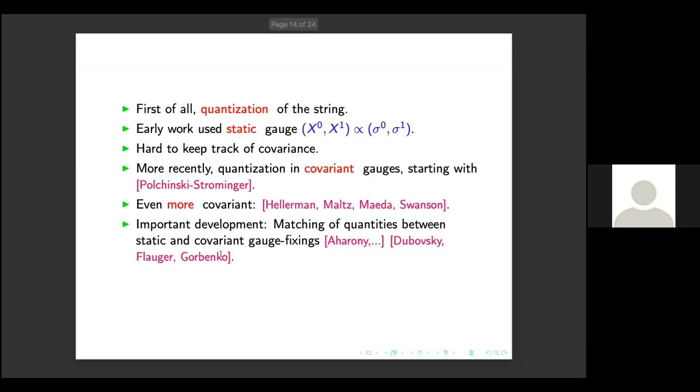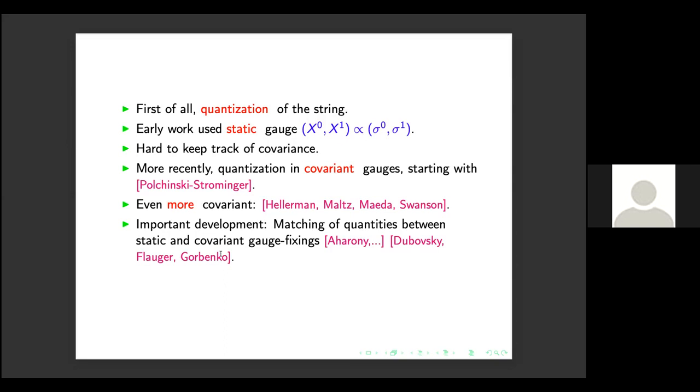First, the quantization of the string. Early work used static gauge, due to Luscher and others. It's a difficult gauge to work in; it's hard to keep track of covariance. More recently, quantization in covariant gauges was done, starting with Polchinski and Strominger in the 90s, and more recently there's been work covariantizing further.